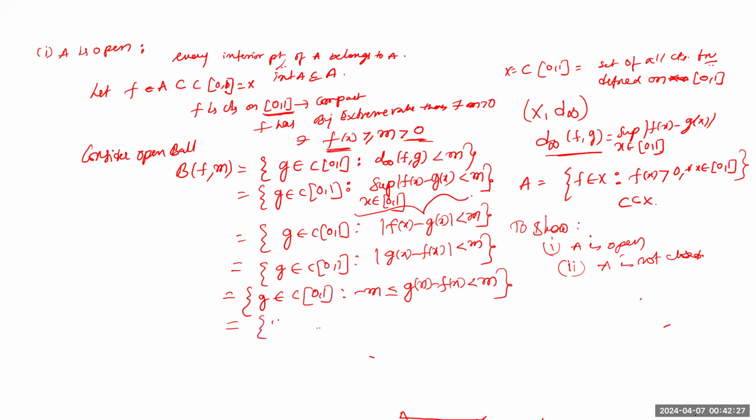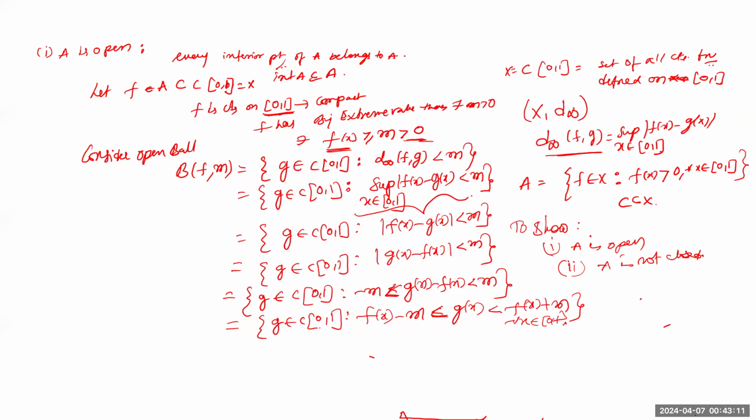So what is this? This is the set of g belonging to C[0, 1] such that, adding f of x on both sides, f of x minus m is less than g of x, sorry, it is strictly less than, and g of x is less than f of x plus m, for all x belonging to [0, 1].